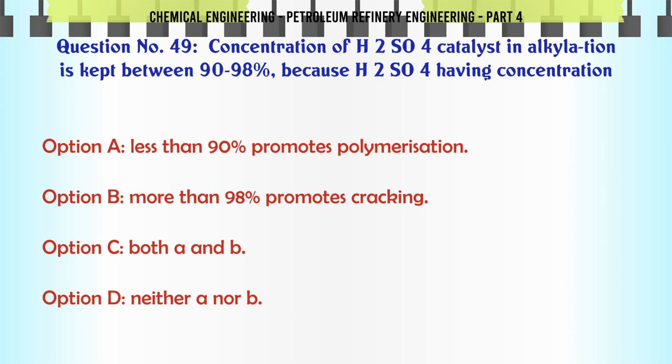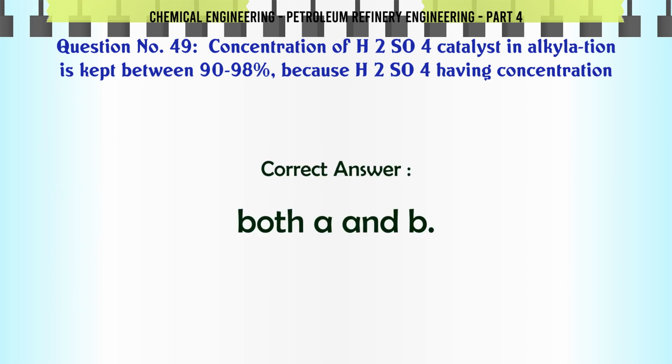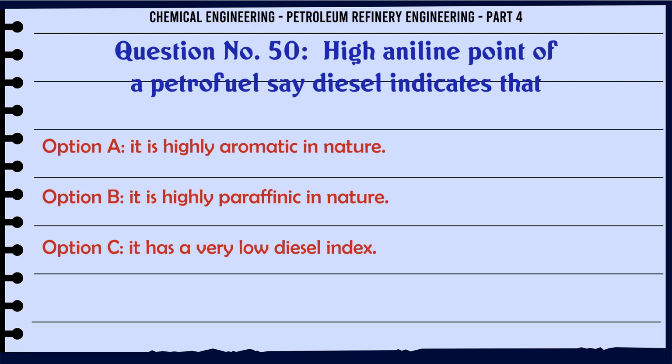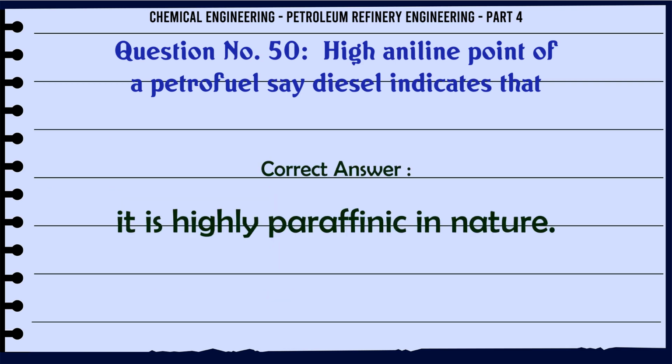C. Both A and B. D. Neither A nor B. The correct answer is both A and B. High aniline point of a petrofuel, say diesel, indicates that A. it is highly aromatic in nature. B. It is highly paraffinic in nature. C. It has a very low diesel index. D. Its ignition quality is very poor. The correct answer is it is highly paraffinic in nature.